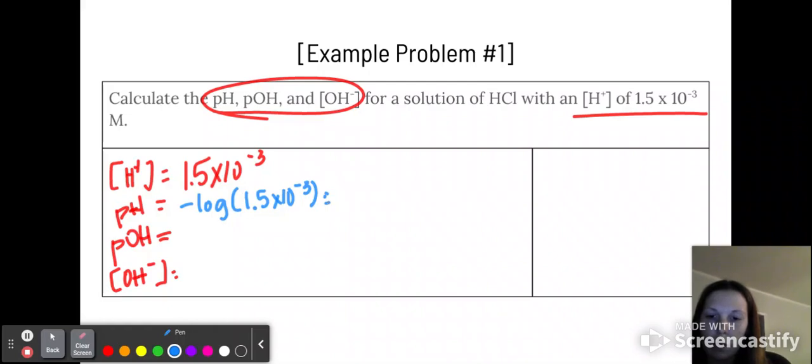Oh, can't do this on my calculator. I don't know why this isn't working. My calculator is not wanting to work. Give me a second.